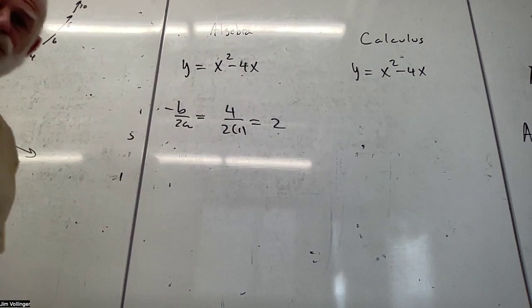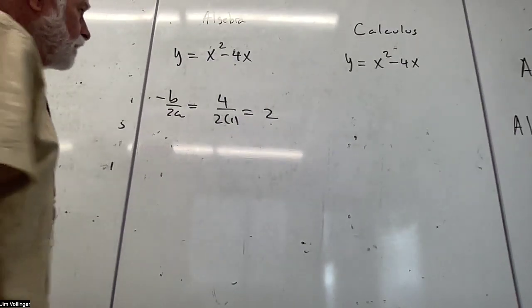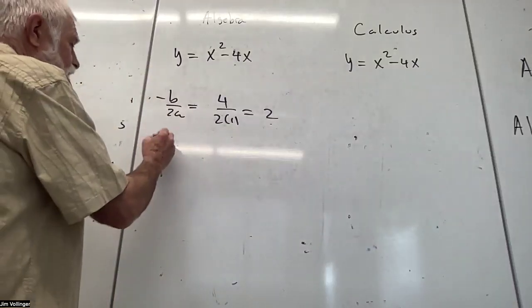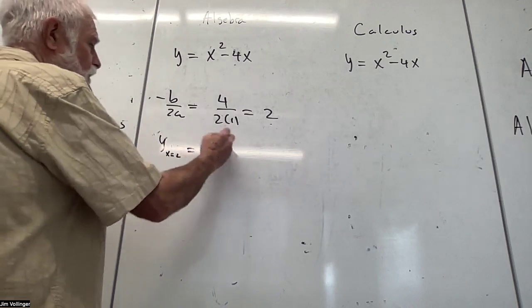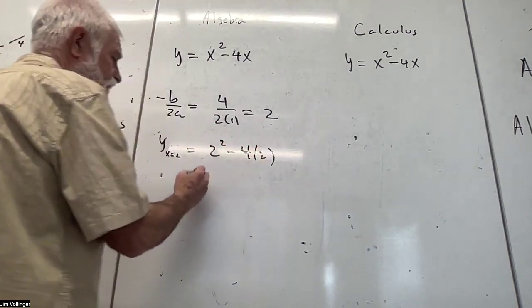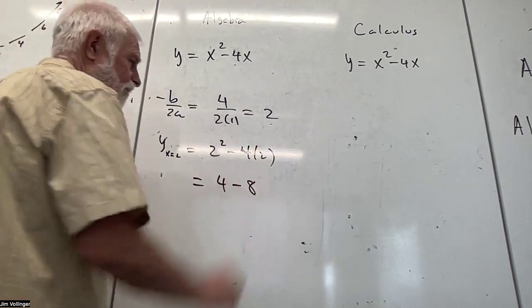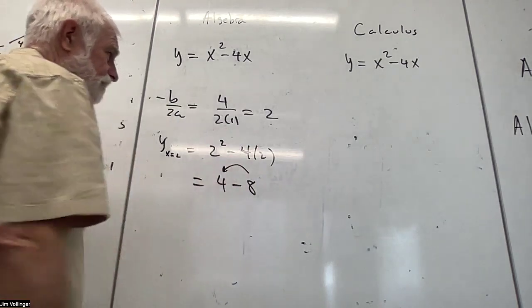It appears that 2 is the magic moment. I wonder why. And so you plug 2 back in, y at x equals 2 is 2 squared minus 4 times 2, and that gives us that magic 4 minus 8 that we saw in that table before, where that's twice that size.